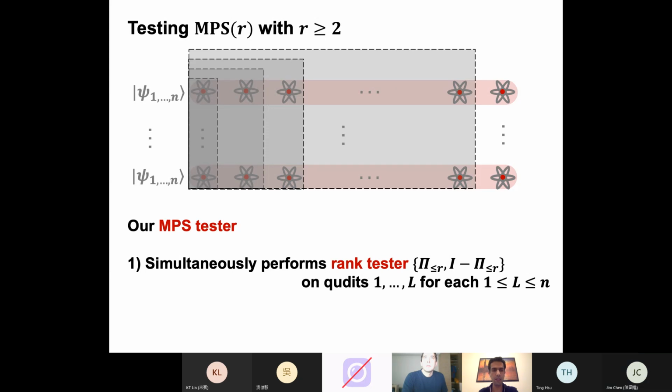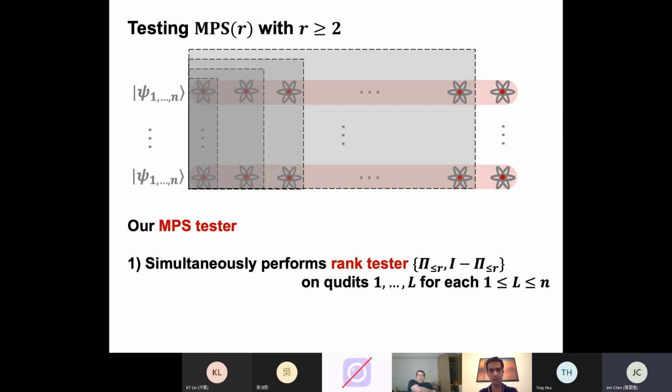If the state is far from MPS, there are basically two extreme ways to increase the rank of one cut for it to be far. One is that you put all the weight on one cut, and then that makes it be far from MPS. The other is that you share the weight across all n cuts, and then again that makes it far from MPS.